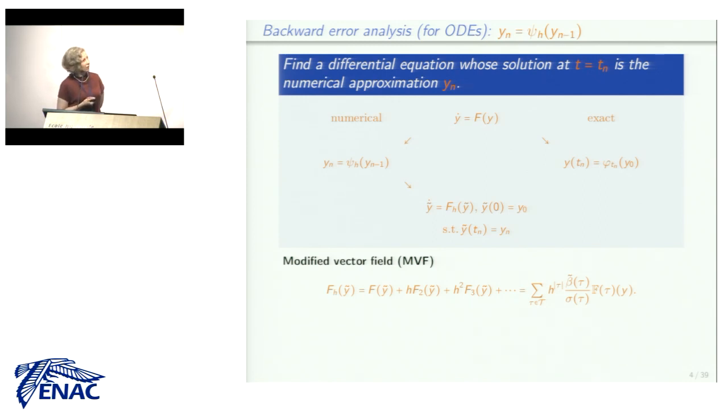Well, you're asking the following question. You want to find a vector field, fh, which is an approximation of the original vector field, and such that the flow of this vector field at discrete times coincides with the numerical solution. This is the idea of backward error analysis. So find the modified vector field which, solved exactly, gives you at discrete times the numerical solution.